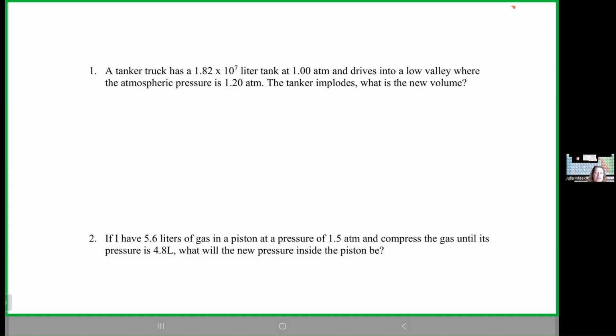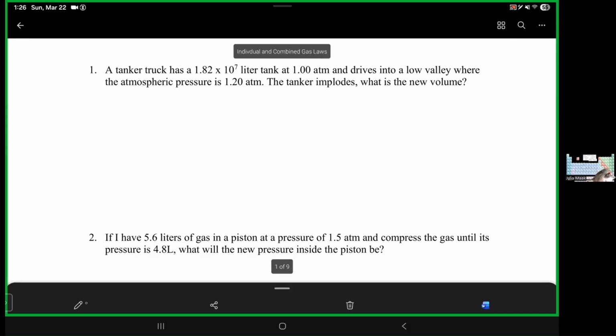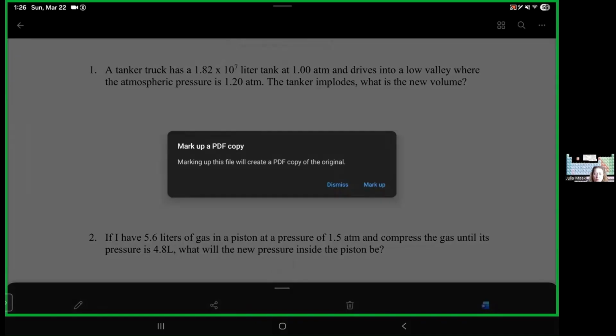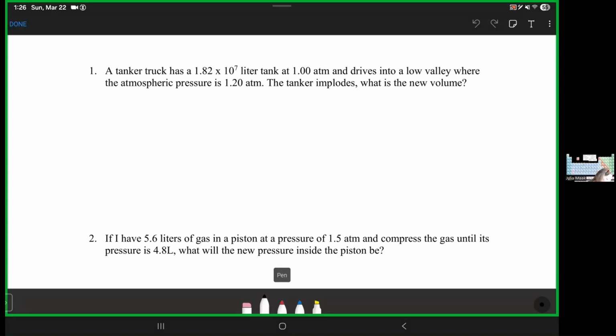Okay, so let's do some problems with all those laws we've been given. Looking at this problem, I've been given a volume, a pressure, drives in low valley, where atmospheric pressure, I've been given another pressure, and it's asking about my new volume.